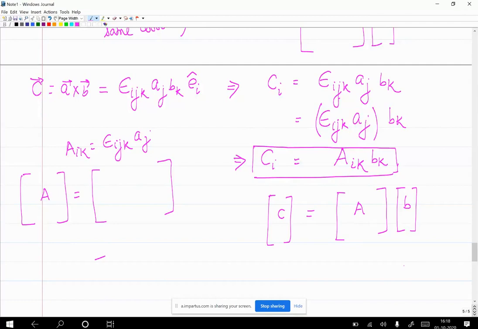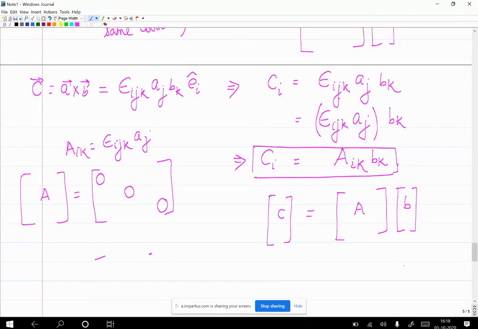No, you just tell me what is A11. i equal to 1, k equal to 1. Sorry? 0? 0, yes. Because in epsilon, two of the indices are the same, so you get 0. Likewise, A22 is also 0 and A33 is also 0.